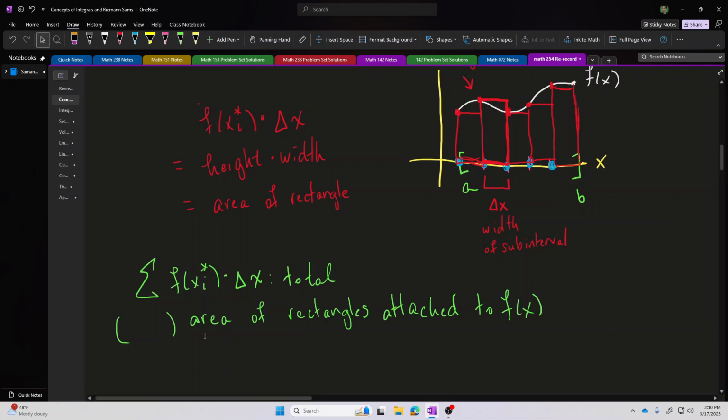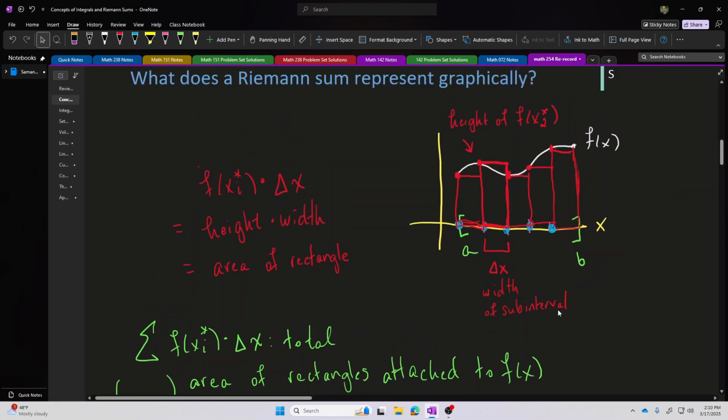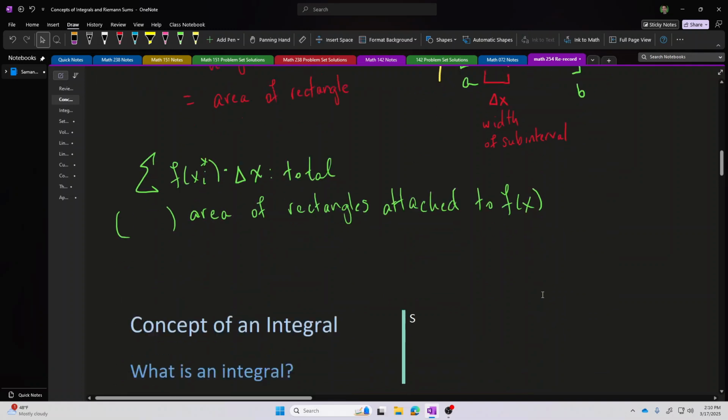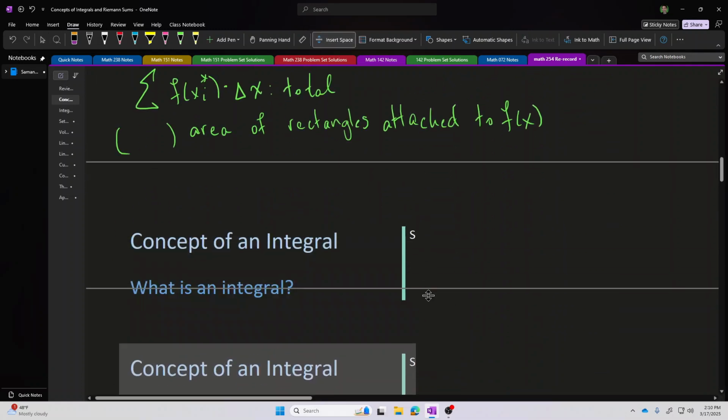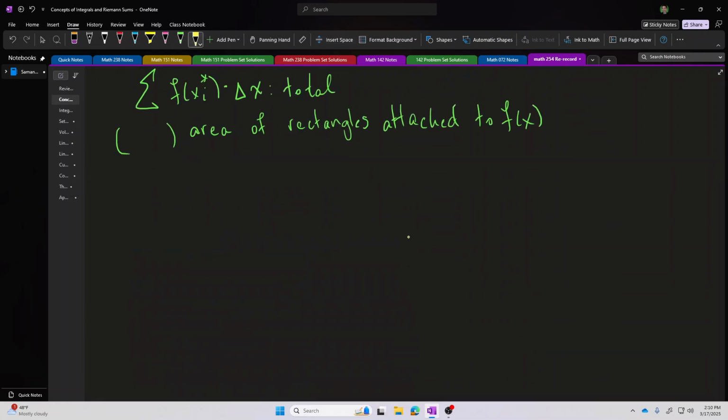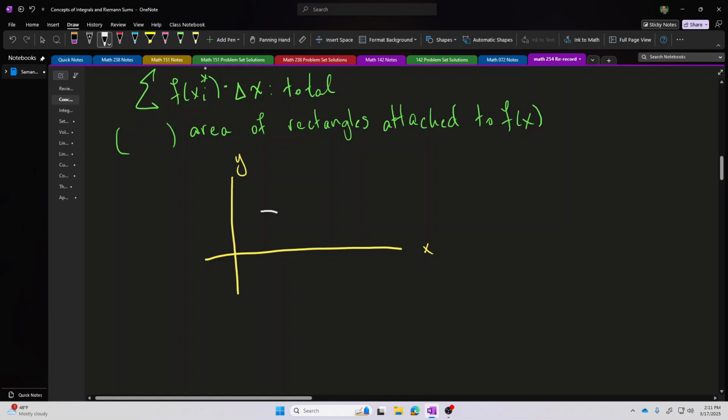Now I put a little blank spot here next to the word area because what I have written so far is correct for functions that are entirely positive, like the one that I have drawn here. However, from time to time, you may be dealing with functions that are occasionally negative. For example, suppose that I draw the function f of x, and the function f of x does something like this on the interval ab.